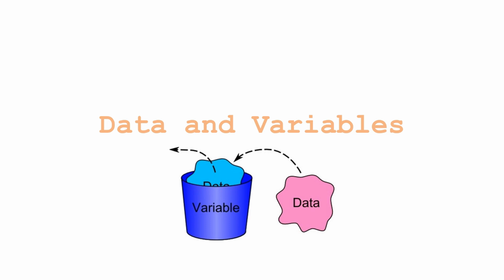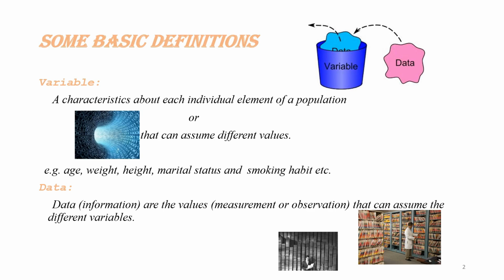Now we will discuss data and variable. What is the difference between data and variable? Variable: a characteristic about each individual element of a population, a variable that can assume different values.